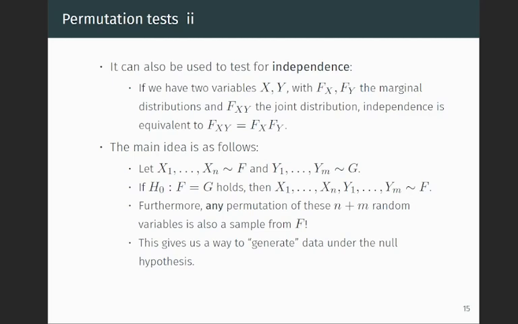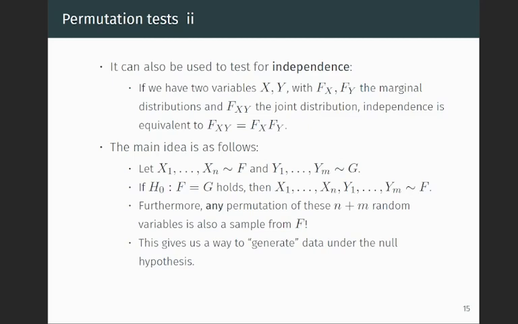Then independence is equal to the joint distribution being equal to the product of the marginals. And so this way, by testing the equality of those two distributions, the joint and the product of the marginals, we can actually test for independence. And that's another idea we'll explore in the practice problems, but just know that this test for independence can be done using a permutation test.